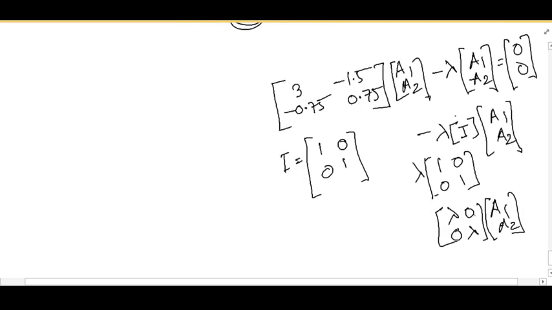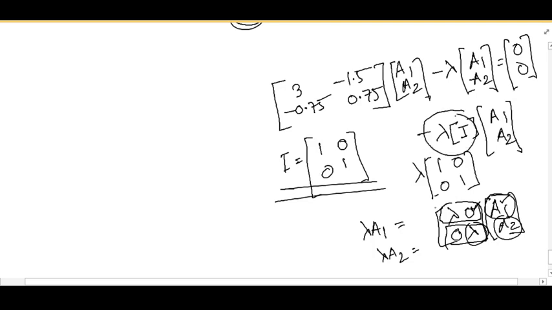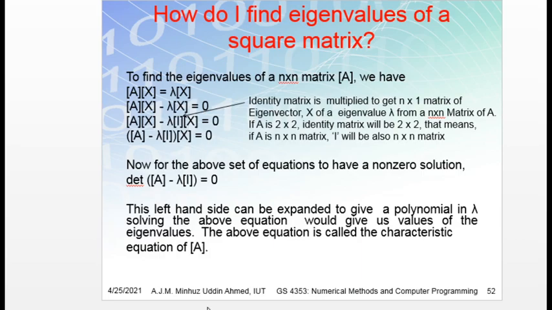So it will eventually become the same thing, lambda A1 and lambda A2, just because in the first case A1 will be multiplied by lambda and 0 by A2, and in the second case 0 will be multiplied by A1 and lambda by A2. So that's why this is nothing but the same thing. We can just introduce the identity matrix over there, so it will not make any change, or create any problem.